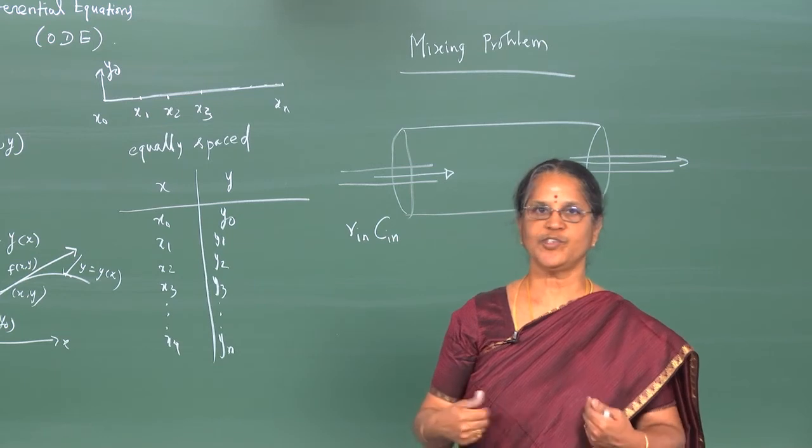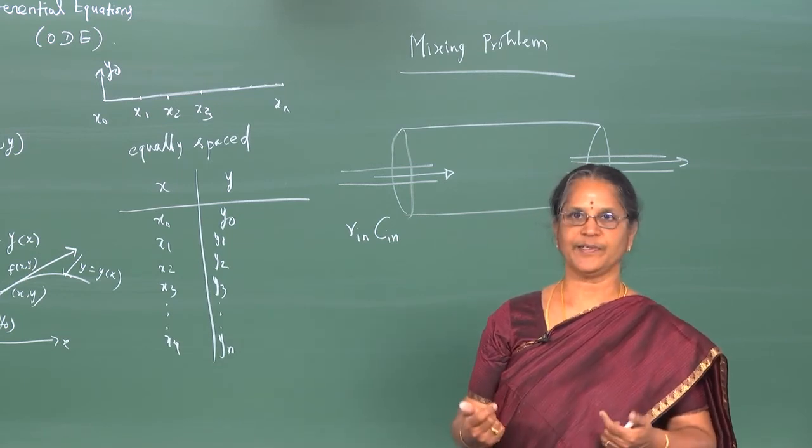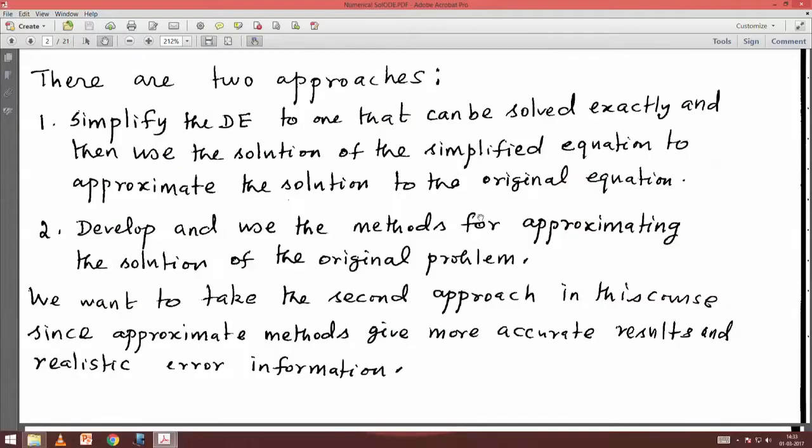The second approach is to try to develop and use the methods for approximating the solution of the original problem itself. These are the two possibilities, and we would like to use the second approach, namely we want to now develop numerical methods and use those numerical methods in getting approximate solution of the original initial value problem that is given to us.